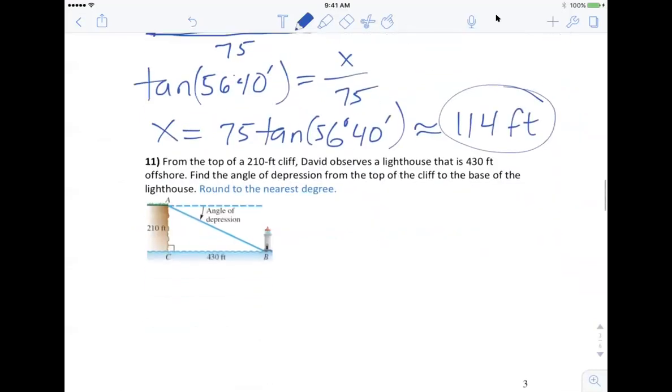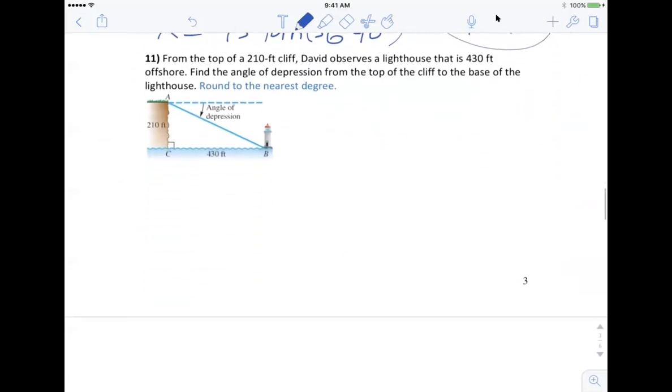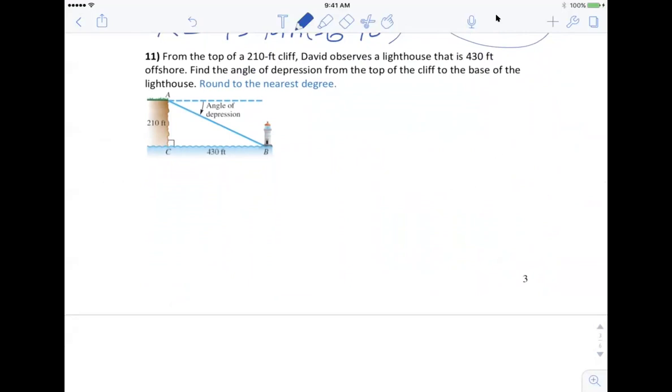Okay, let's try another one. The next one is even better because there's a picture. From the top of a cliff that's 210 feet, you observe the lighthouse that's 430 feet offshore, right? Find the angle of depression. Okay, notice the angle of depression in the picture, it's measured with respect to the horizontal.